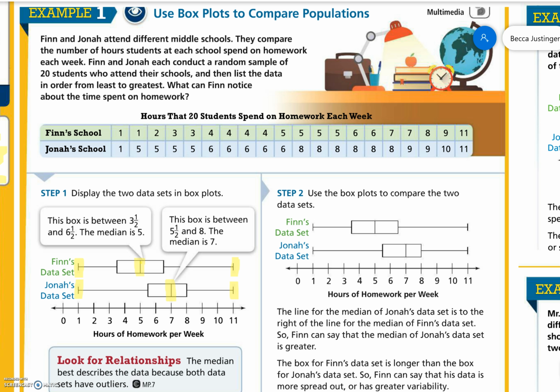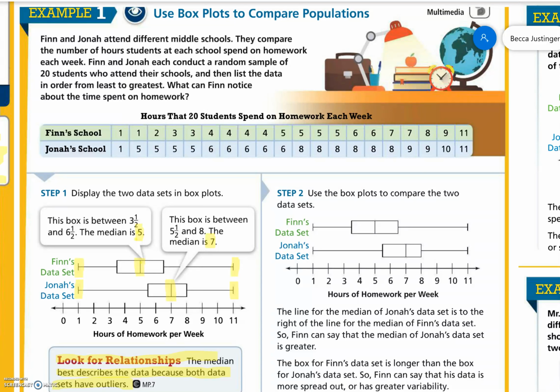The median for Finn's data set is between 3.5 and 6.5, so the median is 5. And the median for Jonah's data set is 7. So we can say that the median at Jonah's school is higher than the median at Finn's school. The median best describes the data because both data sets have outliers.